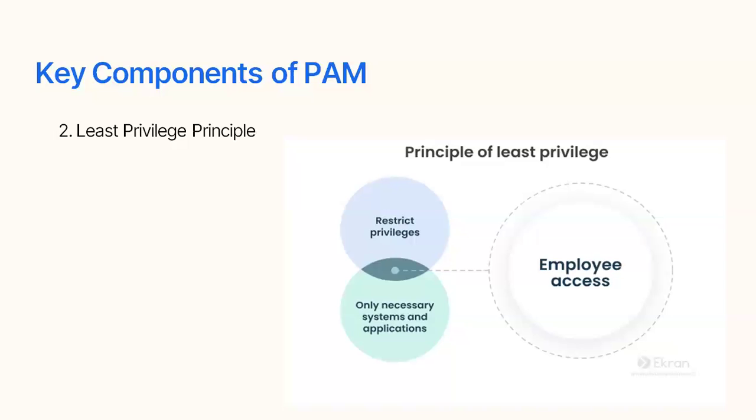So as we discussed, least privilege. Whenever we are implementing any PAM solution, we always follow the principle of least privilege. Provide only privileges which are necessary, and only to systems which a person is supposed to use or has a business requirement.